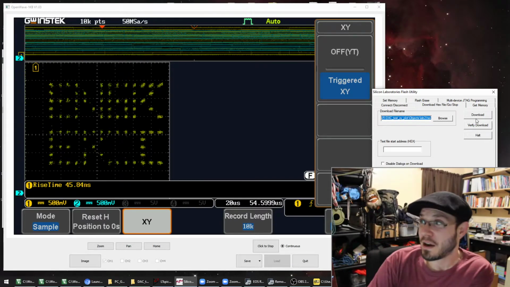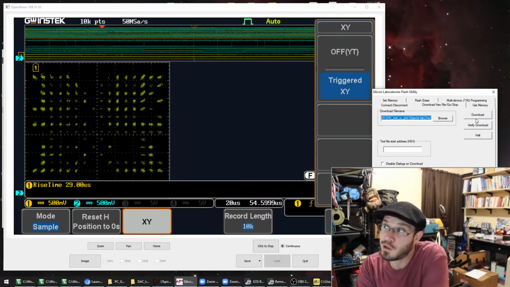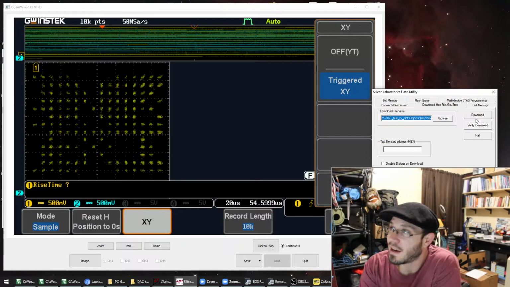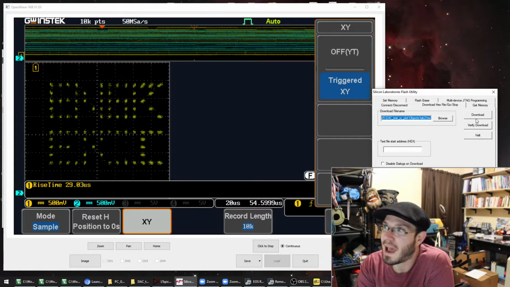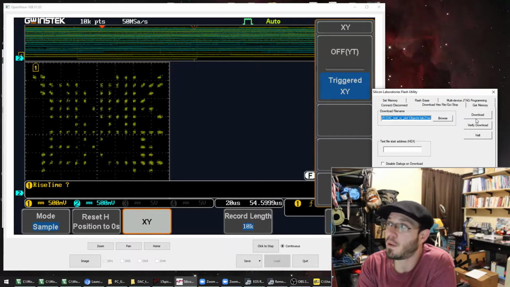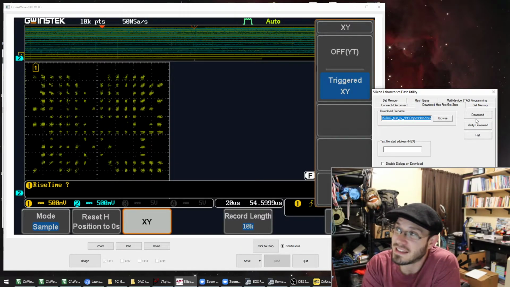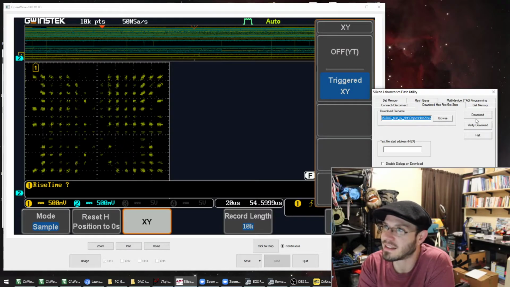So what I did over here was I took each one of my two digital to analog converters, and for each point that's being displayed on the XY plot, I'm outputting my desired values. So I really only have 16 values across the y-axis and 16 values across the x-axis.